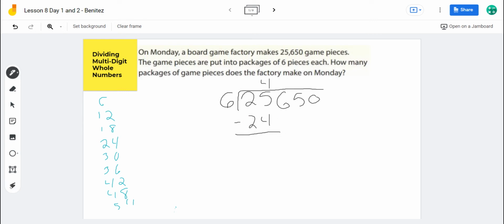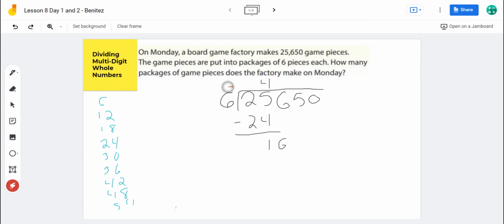So subtraction. 5 minus 4 is 1. 2 minus 2 is 0. I'm not going to bring that down. Then you bring down the next digit, the 6. Technically, you could bring down all the digits, but for the most part, we're taught to bring down one digit at a time.